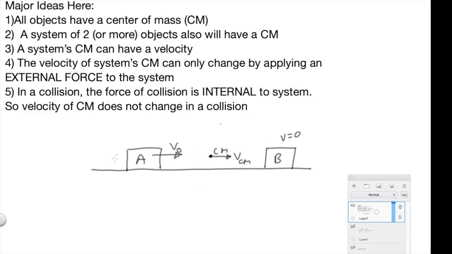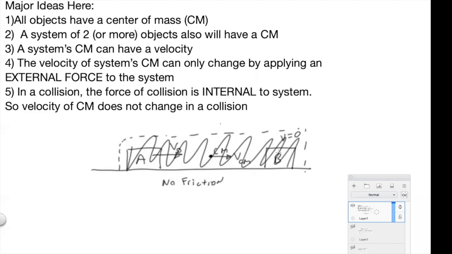So here's what I'm getting at. If there's no friction of any kind, to ensure that there's no external force, block A smashes into block B. So what's our system? I'm going to draw around the system with a dotted line. This is the system we're focusing on.